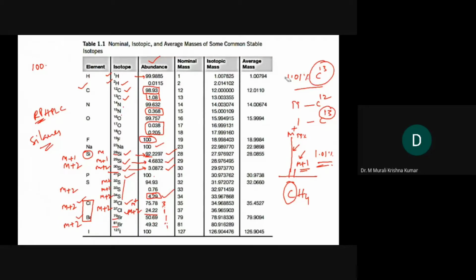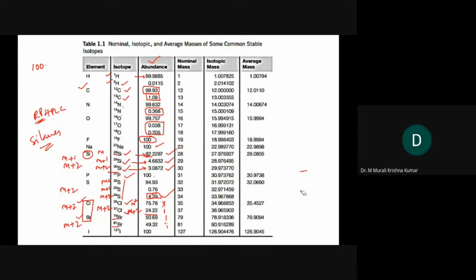if you see clearly, some of the elements that are present in this table are regularly seen in most of the organic compounds that we use in pharmaceutical sciences. They contain carbon, nitrogen, halogens, sulfur.